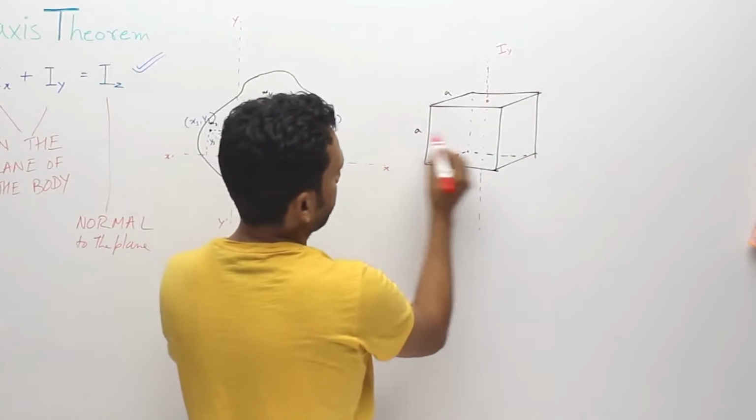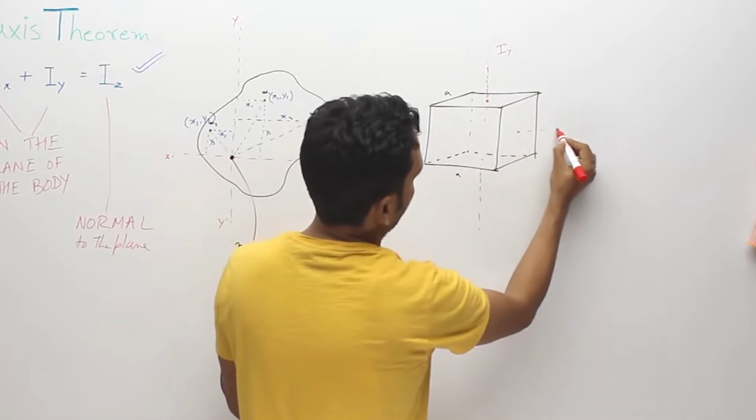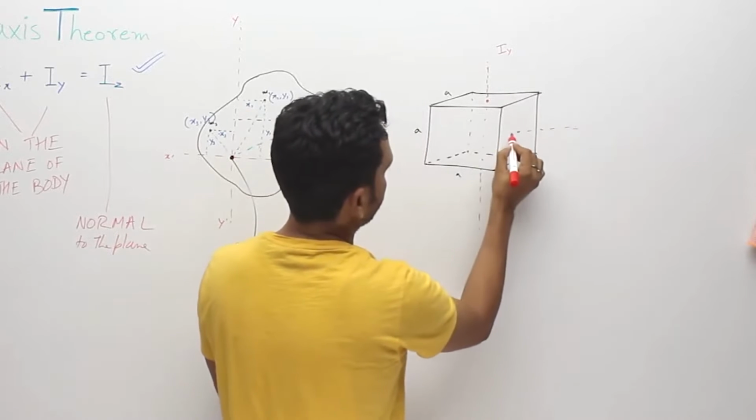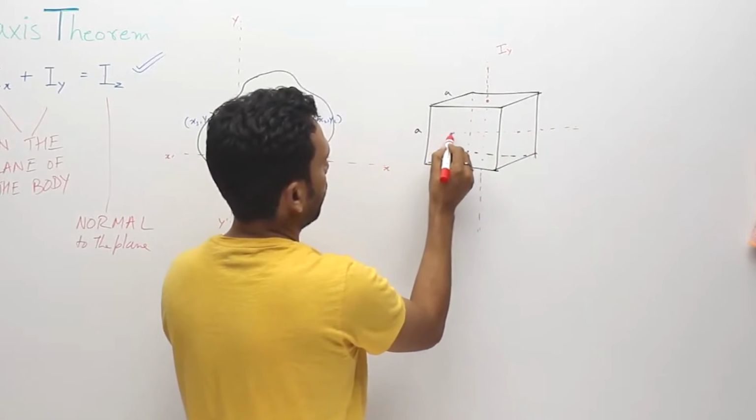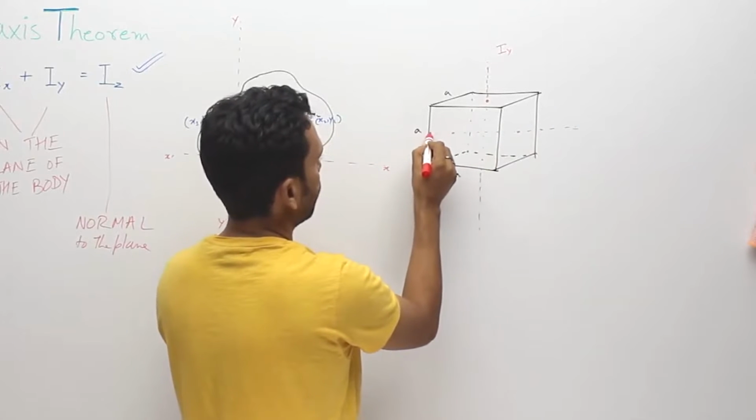Then I take another axis which is going like this, again through the bulk, about the center of mass, crosses this, comes out.